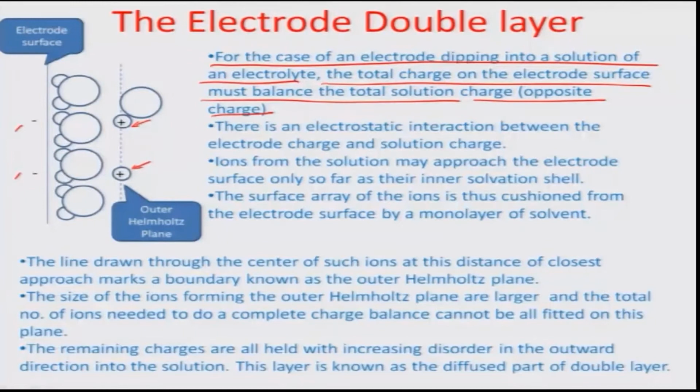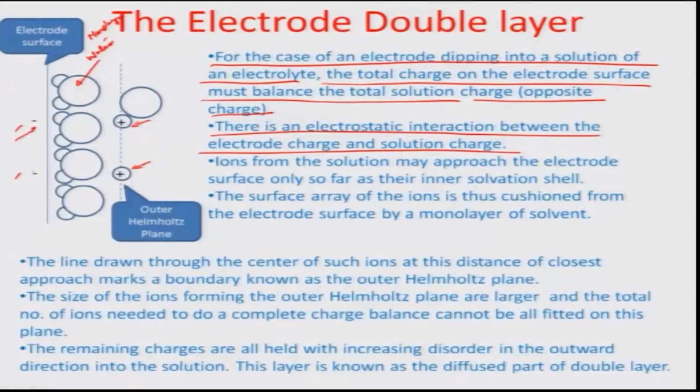There is a thin layer of water, maybe a monolayer of water, which comes in between as a dielectric layer, disabling the positive charge from settling on top of this electrode as long as there is no active potential applied on this electrode. So, there is an electrostatic interaction between the electrode charge and the solution charge.